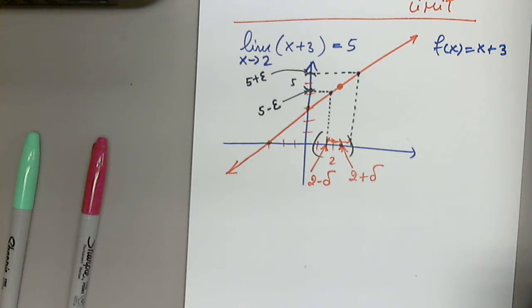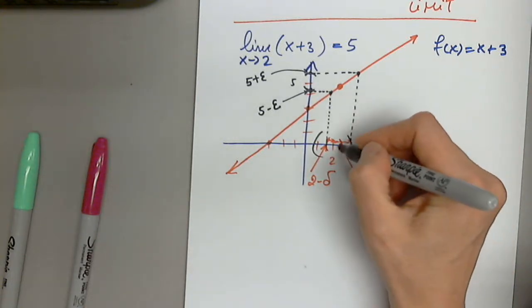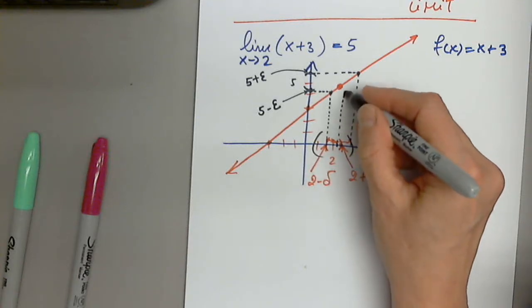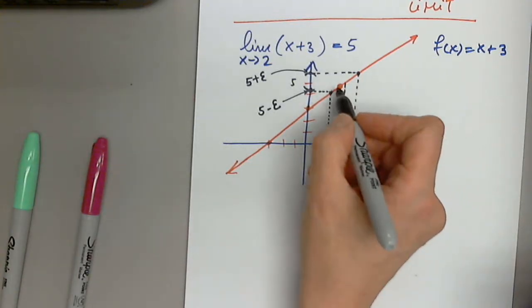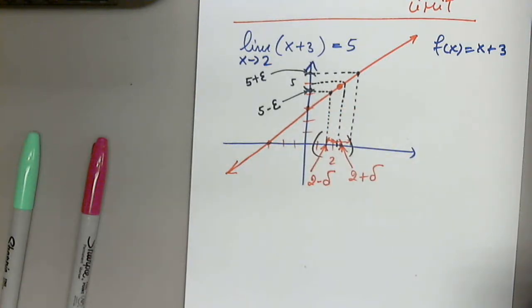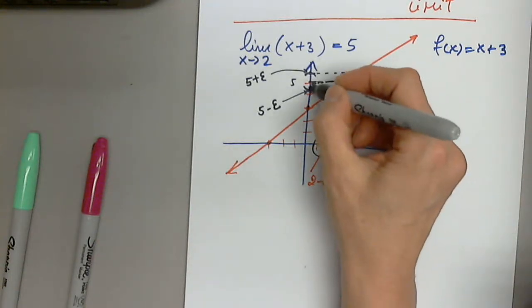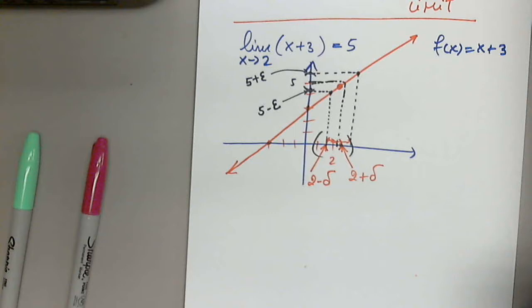If I pick this x, then f of x will be within the interval that I started with. But if I pick the larger interval, look what happens. It's outside. So when I have to make a choice, I will always choose the smallest width, such that when I pick an x close to 2, the corresponding f of x, above or below, my graph is not perfect, will fall within epsilon away from 5.